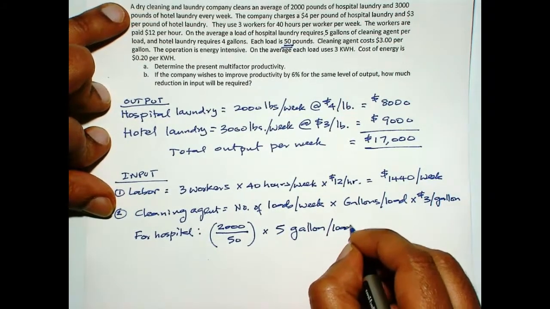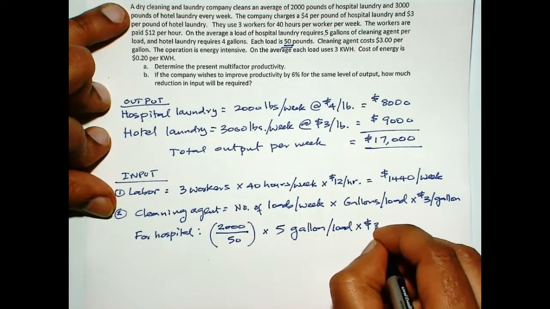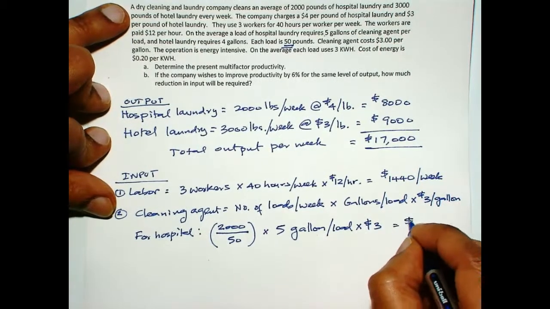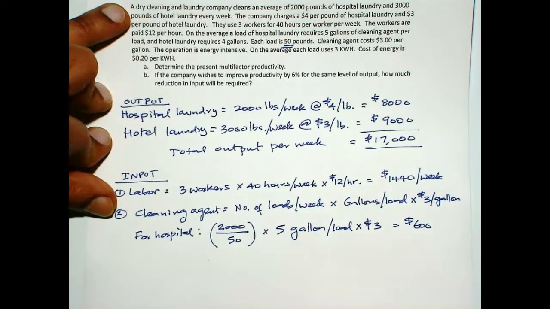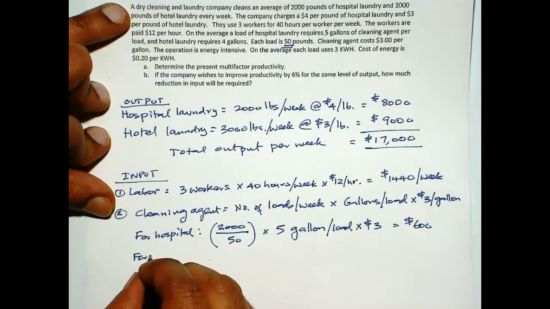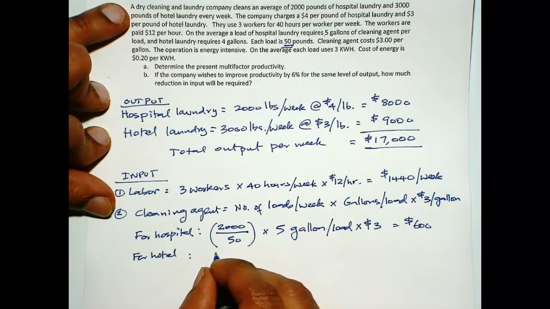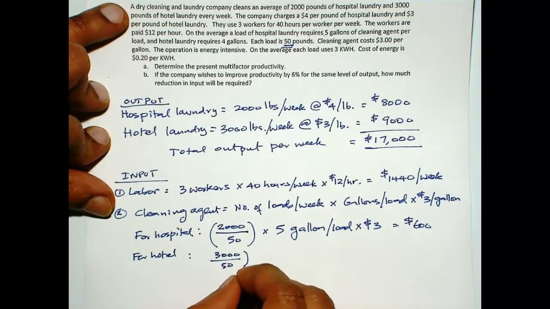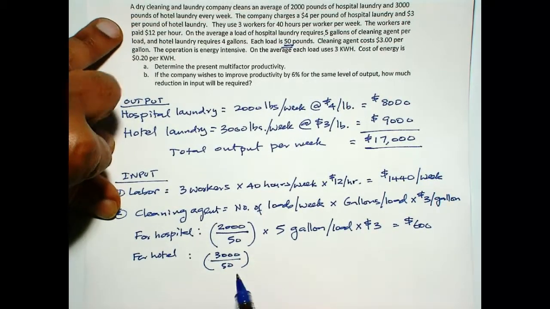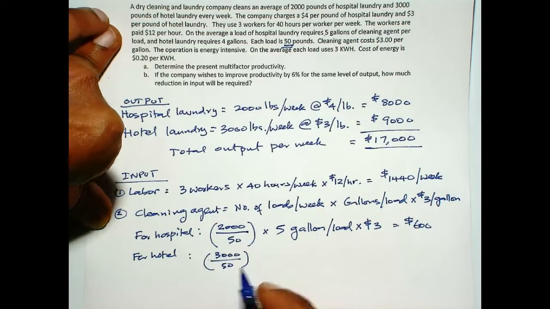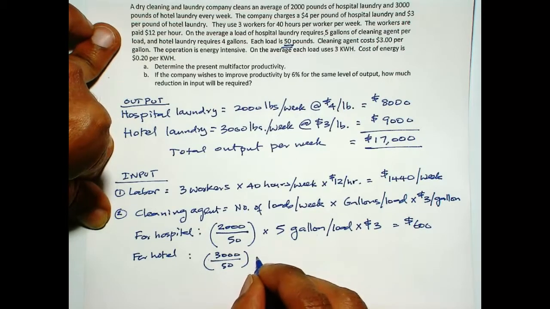Now for hotel, we have 3,000 pounds and 50 pounds per load. So that gives us the number of loads times. Now this requires only 4 gallons per load times $3.